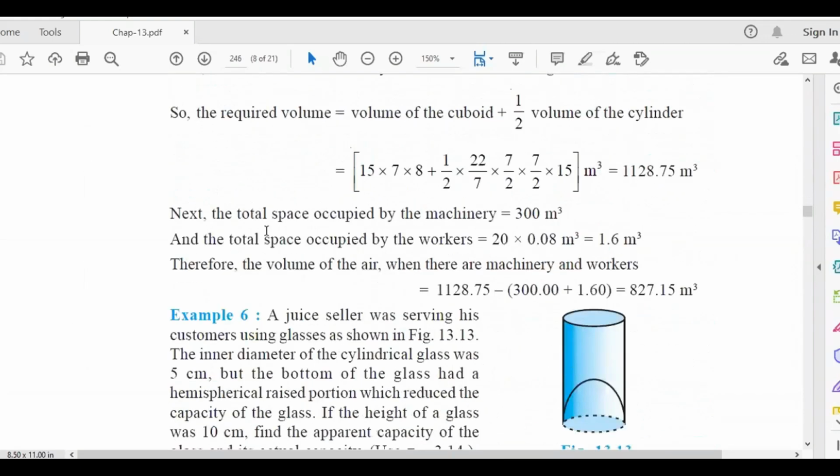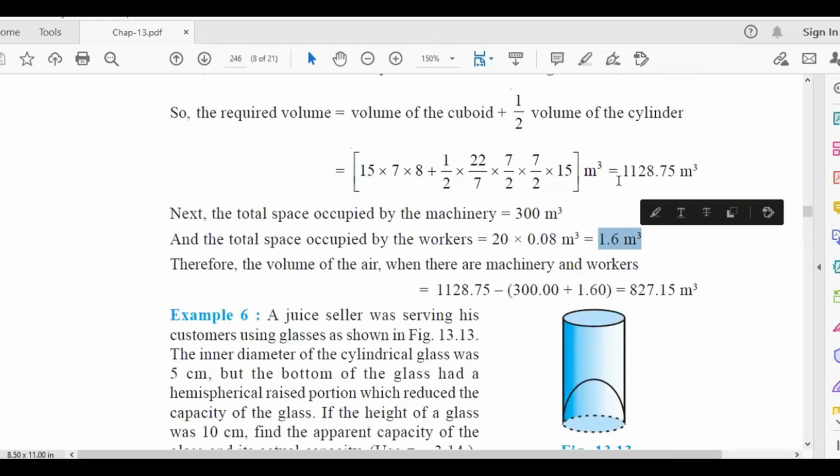The total space occupied by the machines will be 300 meter cube. That is given. The total space occupied by the workers will be 20 into 0.08, because one worker occupies 0.08 meter cube. Multiplying this, you will get 1.6 meter cube.